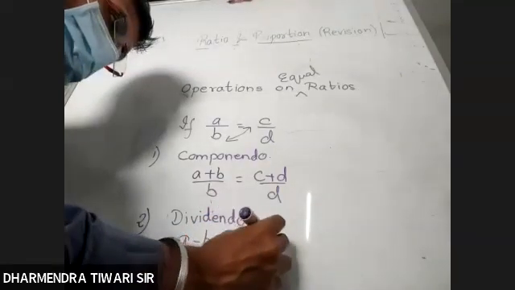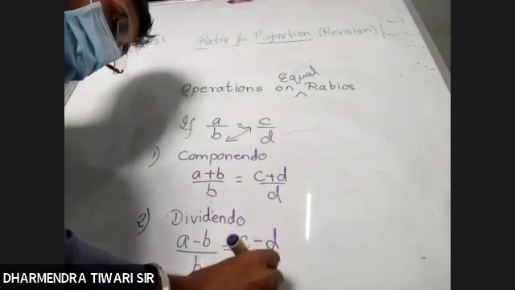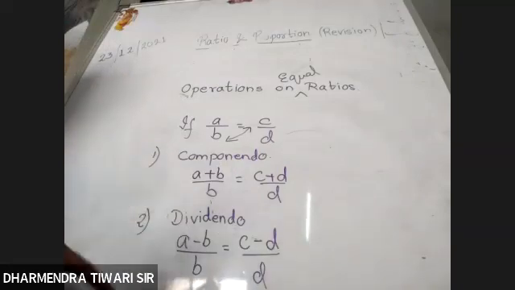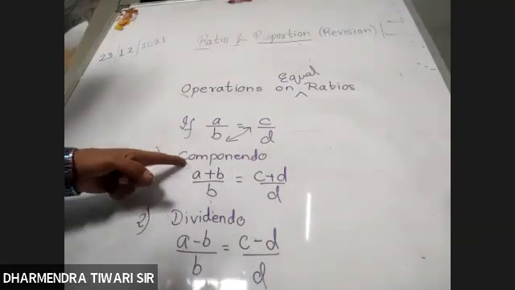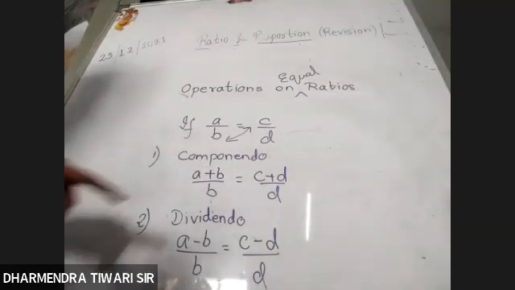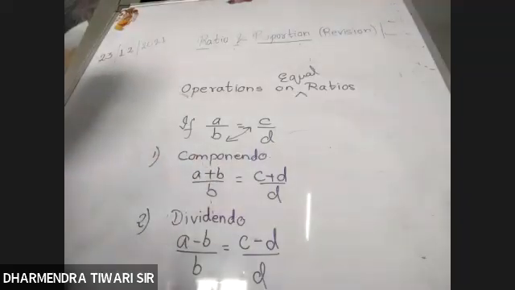Otherwise, things are the same. The only difference is that in componendo we add the denominator to the numerator, and in dividendo we subtract the denominator from the numerator. So now the question arises in our mind: if we apply both the properties together, what will happen? Yeah, let's apply.